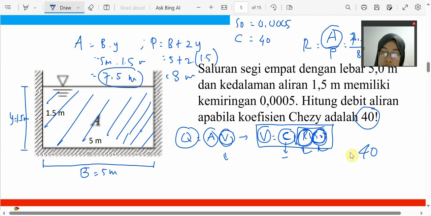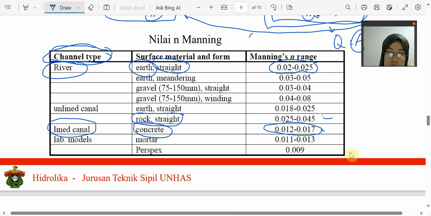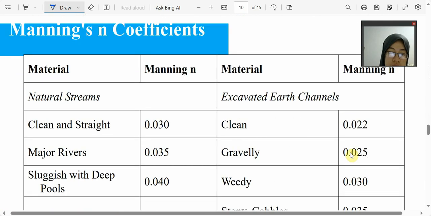Maybe you will get 20 and 30 for a particular channel type, or for particular surface materials. Okay, and this is Manning.